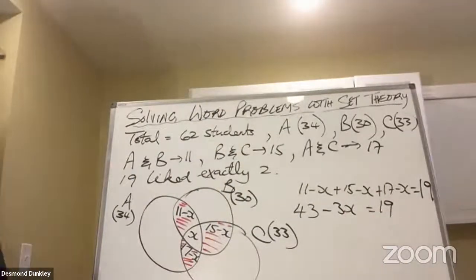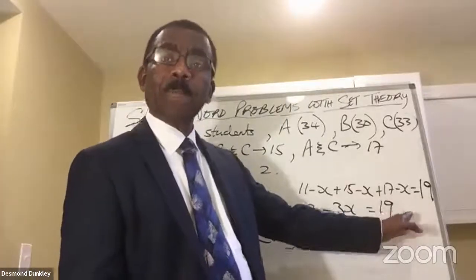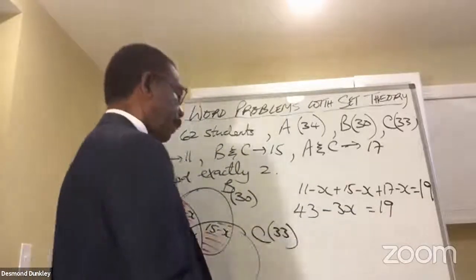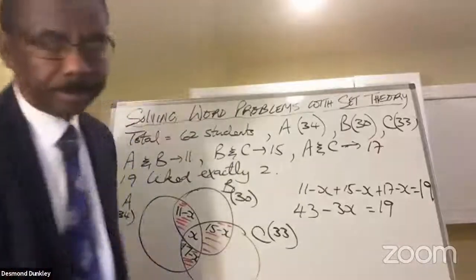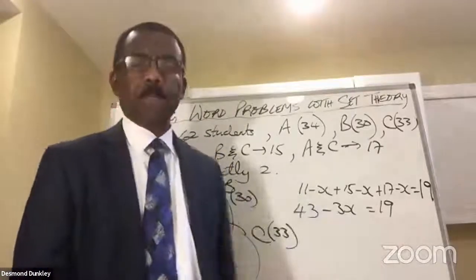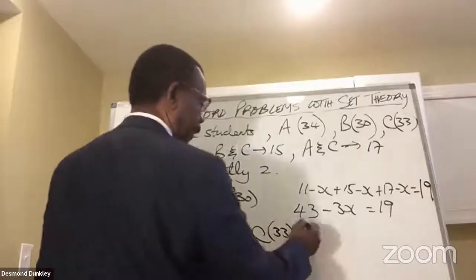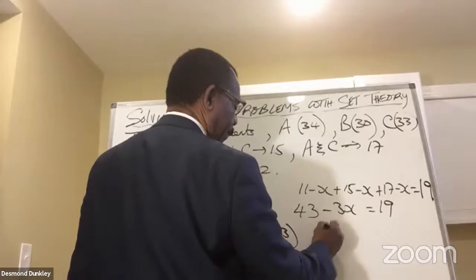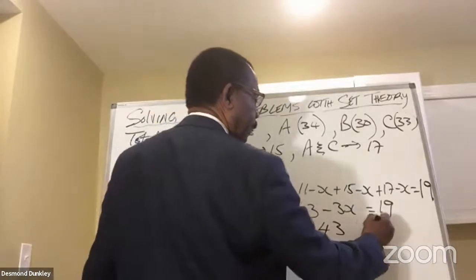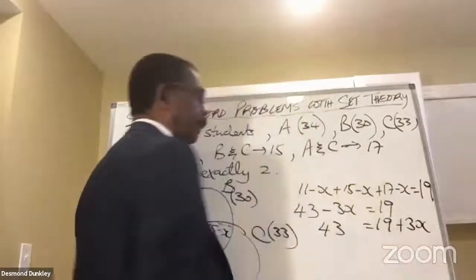Okay, what am I going to do? I'm going to add 3X to both sides and subtract 19 from both sides. Or, let's keep it simple then, okay? Subtract 43 from both sides. You don't like that? Okay, all right, so let's add. 43 equal to 19 plus 3X.